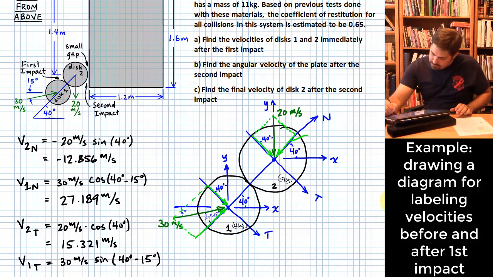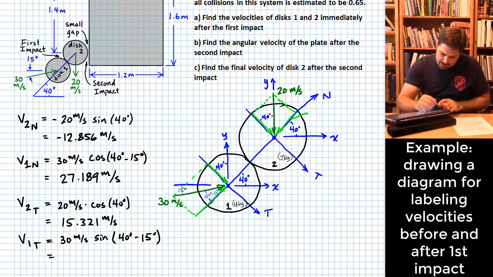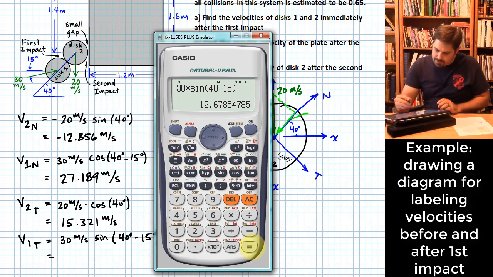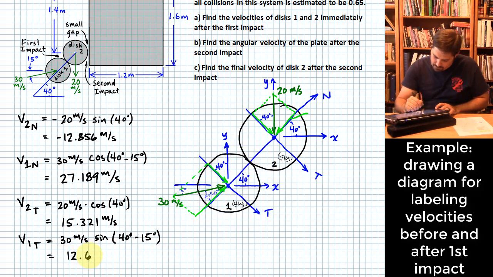And now I punch that in and I get 12.679 meters per second.